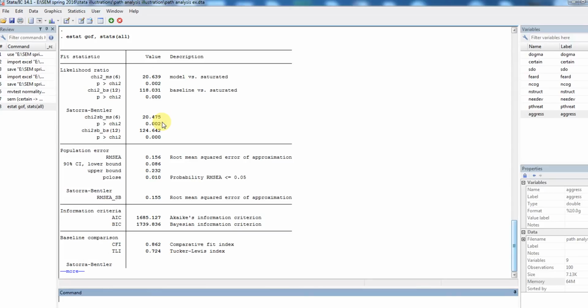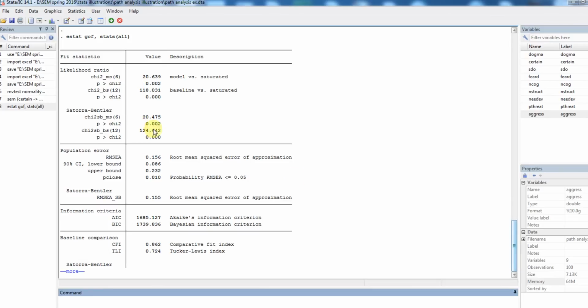So like I said, we're going to stick with the Satorra Bentler chi-square because we're assuming that our observed variables are not multivariate normally distributed. So instead of relying on the likelihood ratio chi-square, which is the normal theory chi-square, we're going to use this estimate right here. Based on both of them, you can see that there's evidence that our model is not fitting the data particularly well.